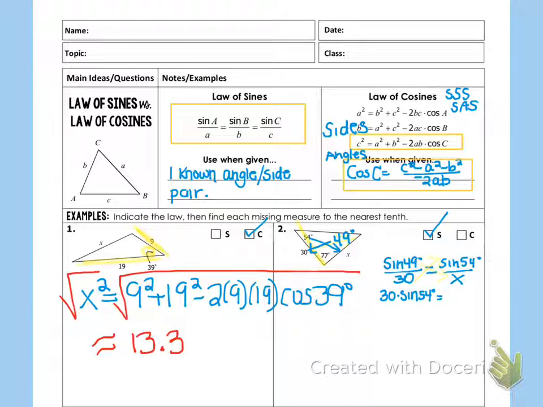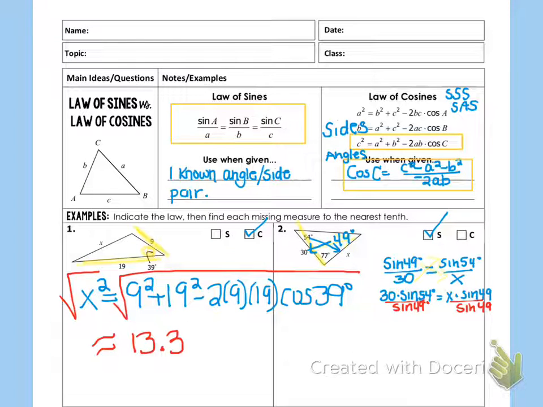So that gives us 30 times the sine of 54 on the one side, and on the other side, x times the sine of 49. And so to get x isolated, we're going to divide by the sine of 49. So dividing by the sine of 49 using my calculator, I'm just going to pause now, and you can, if you'd like, calculate that yourself.